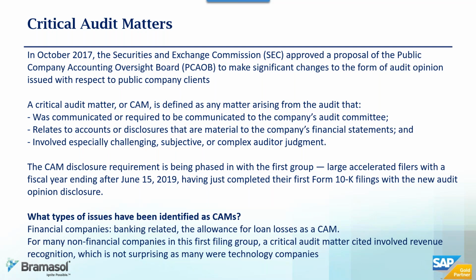So the audit firms have been giving a lot of the customers some time to digest and rework their processes. And now, because the PCAOB has required that they actually discuss and talk about these CAM disclosure requirements, they will now go back to their customers and really audit these revenue recognition processes with a fine-tooth comb.